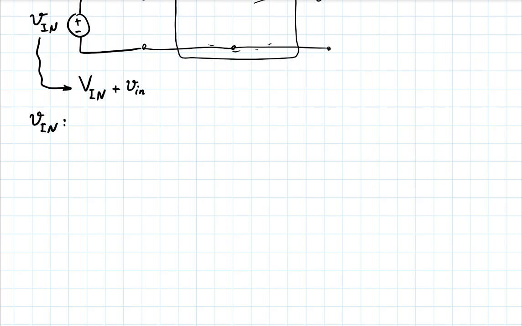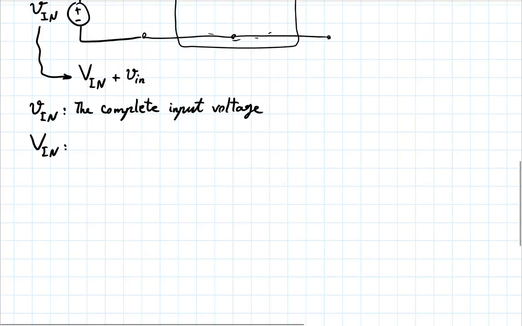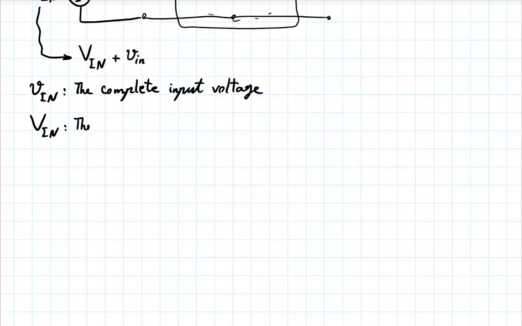is the full input voltage. This capital V, capital IN, is the DC or bias part of the voltage, perhaps in the language that we want to use.